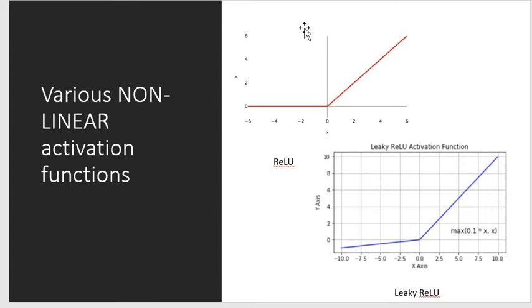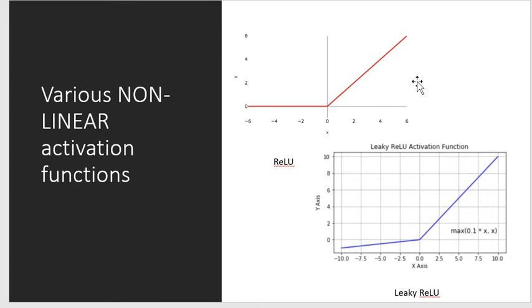If you see the graph, your output is equal to your input for any value where your input is positive, but it is squashed to 0 for any negative input. It is computationally very efficient. It allows the network to converge very quickly. It is non-linear. Although it looks like a linear function, ReLU has a derivative and allows backpropagation.